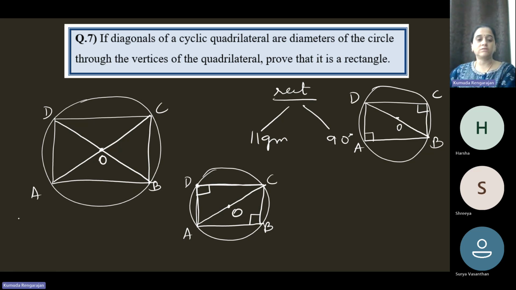What we understood is AC and BD are diagonals of ABCD. AC and BD are diameters of the circle.